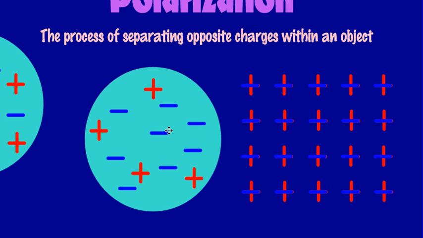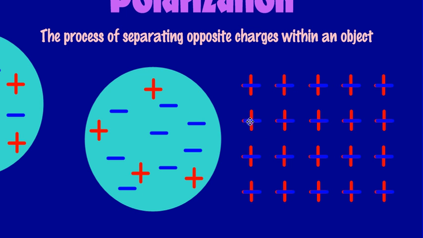So we're going to look at that simulation one more time. Starting off, I have a negative object here. When I bring it near my neutral object, the neutral object could be anything, it doesn't have to be a wall. The negative charges in the atoms shift a bit to the right because they're repelled from the negative of the object here. As they shift to the right, one side becomes positive and one side becomes negative, and therefore it's attracted.